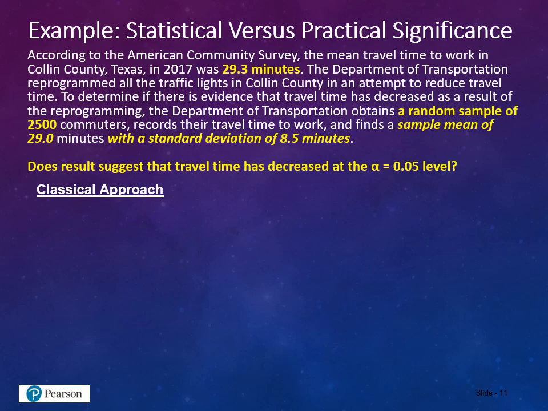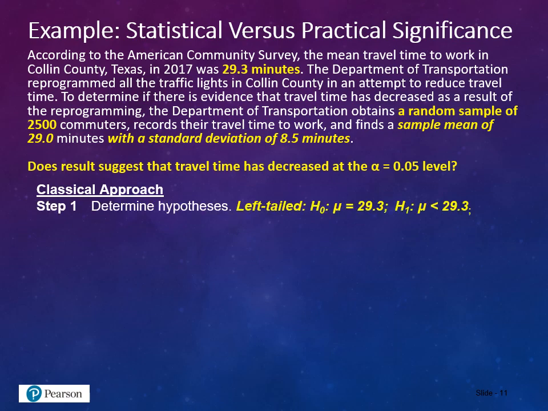To determine if there's evidence that travel time has decreased as a result of the reprogramming, the Department of Transportation obtains a random sample of 2,500 commuters, records their travel time to work, and finds a sample mean of 29.0 minutes with a standard deviation of 8.5 minutes. Does this result suggest that travel time has decreased at the alpha equals 0.05 level?